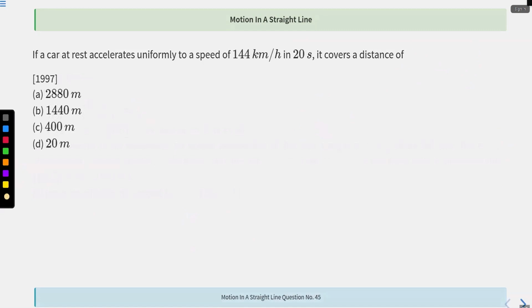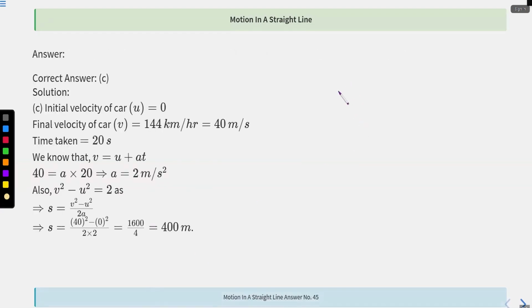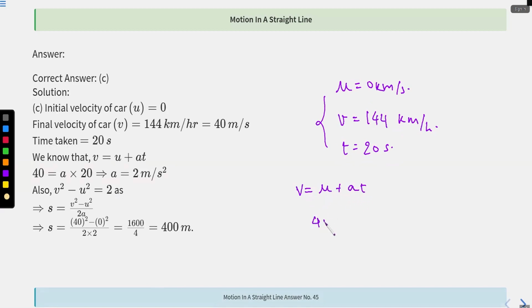If a car at rest accelerates uniformly to a speed of 144 km per hour in 20 seconds, how much distance will it cover? So initially the velocity of the car was 0 meter per second. Now the final velocity is 144 km per hour. Time taken is 20 seconds. Correct? Now we know that v is equal to u plus at, right? 40 is equal to 0 plus a into 20 seconds. So the acceleration of this car is 2 meter per second square. We have got the acceleration. We have the initial and final velocity.